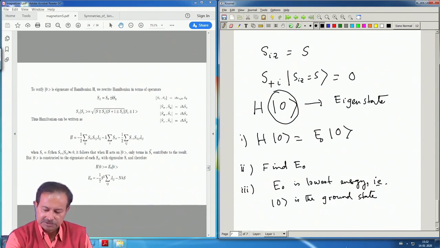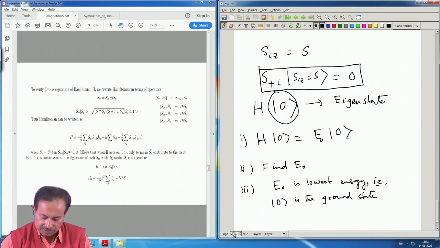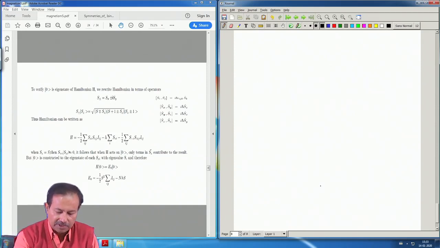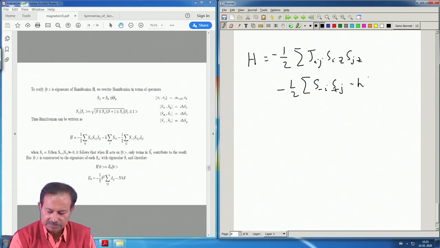Now, because of this property, if I apply the Hamiltonian on that state |0>, H operating on |0>, H has these terms: half J_ij S_i^z S_j^z, minus half S_i^- S_j^+, this operator, and minus h times S_i^z.